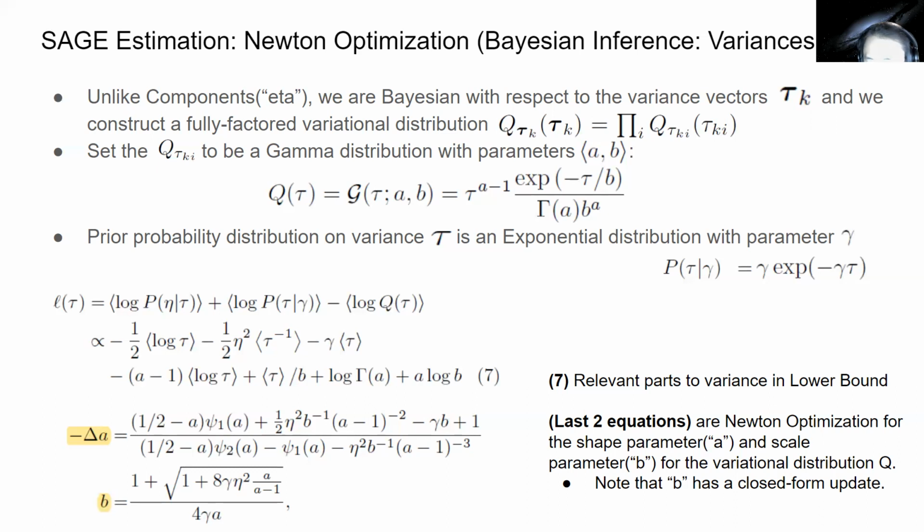And the beta update is not even an update. We can just calculate it in closed form. It's basically the closed form update. So in this case, we are doing the same thing with another part.